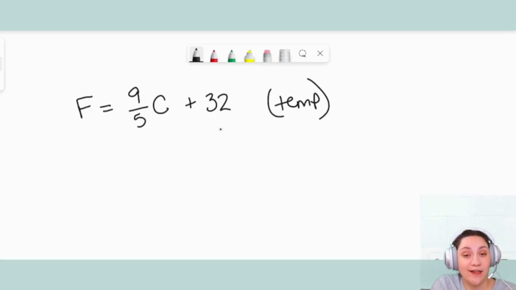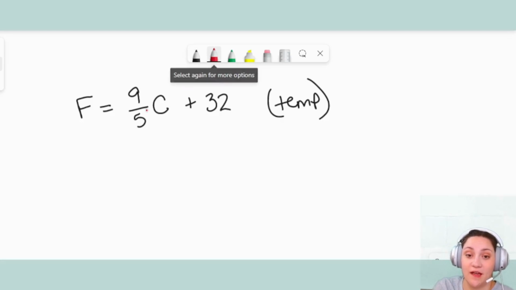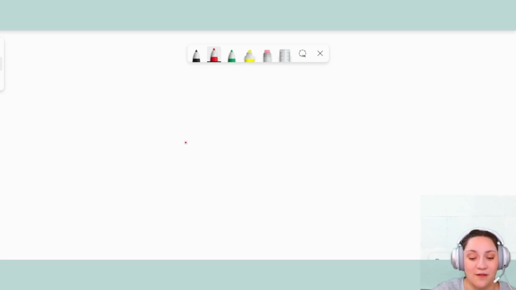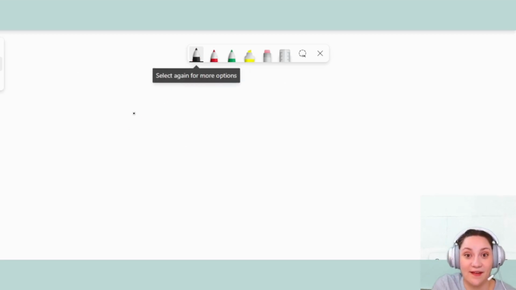This equation has two variables in it. We could solve this equation for C in order to set it up as Celsius is equal to something with Fahrenheit as the input. So sometimes when we're dealing with science or business applications, we will find ourselves switching between variables like that so that we can use the equation more easily.